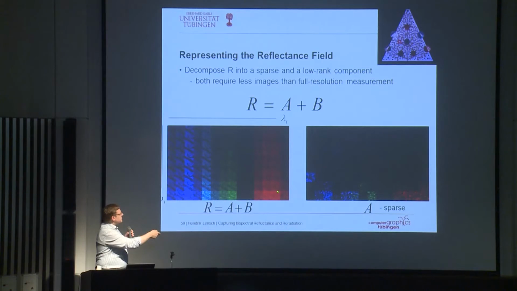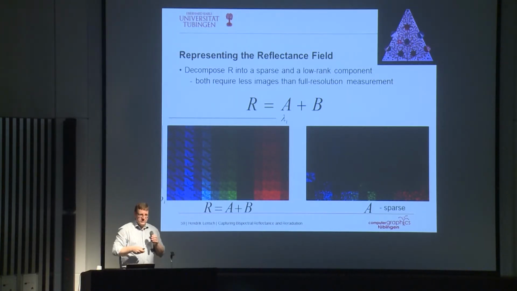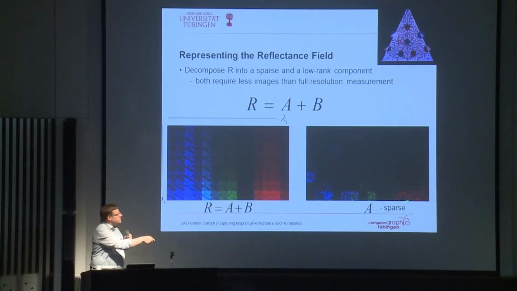Here's a group of directions in these rows where you see specular highlights. These specular highlights only appear in a narrow range, and therefore you can turn this into some sparse representation of the matrix. The rest is relatively boring: just these stripes, and they can be nicely approximated by a low rank part.